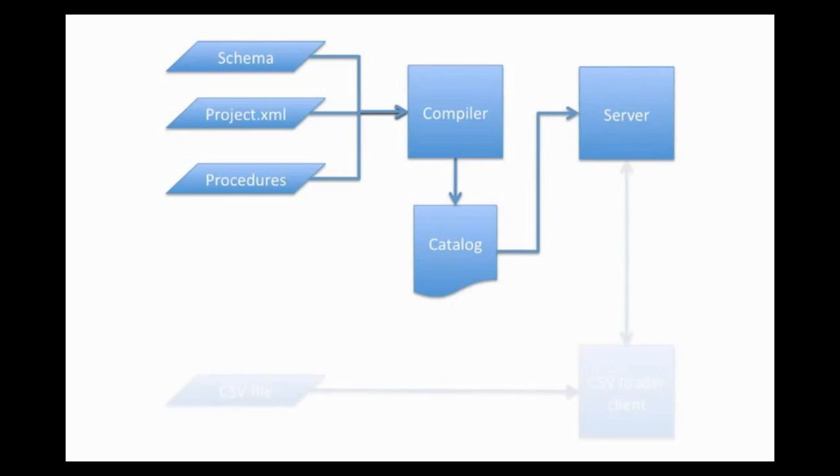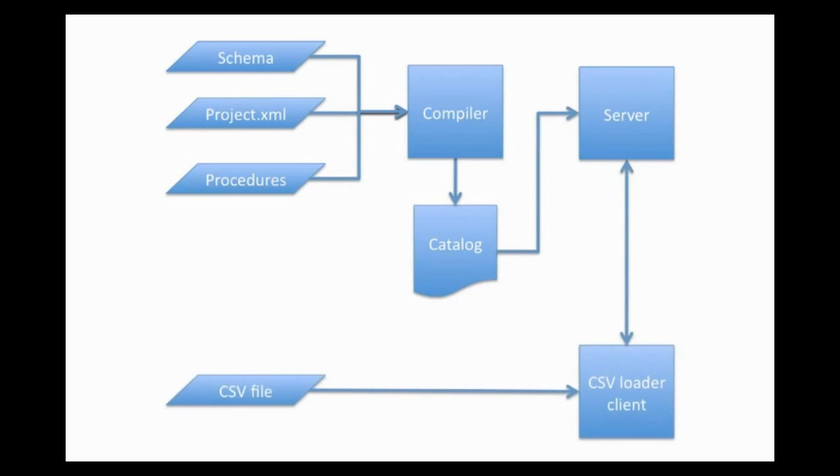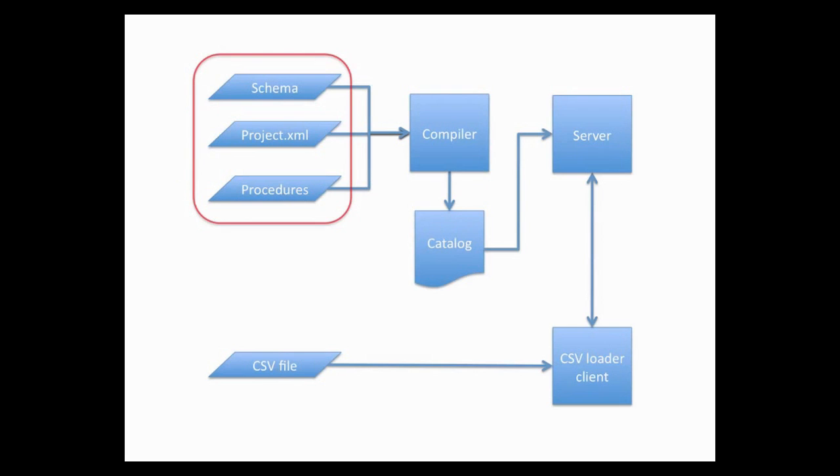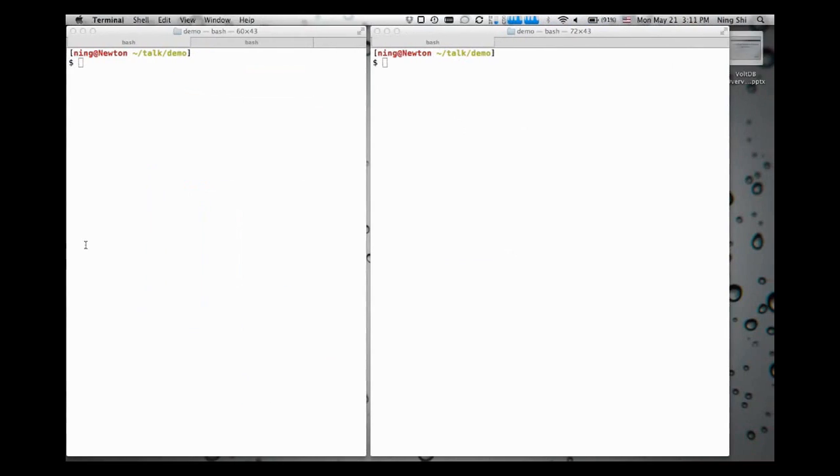Once the server has started, we can use a CSV file loader to load the CSV data that we're going to use and then insert all the data in the file into the server. The stuff in the red rectangle is the files that we're going to create today.